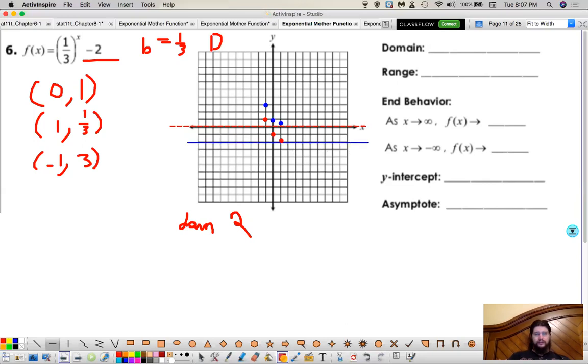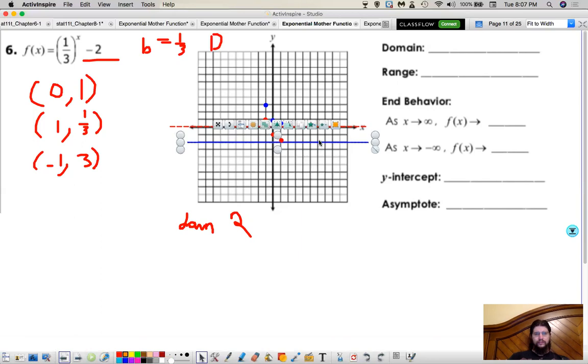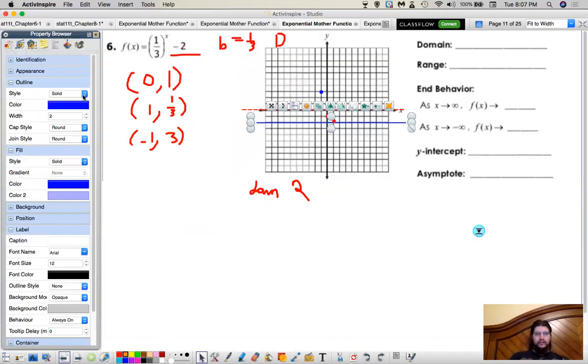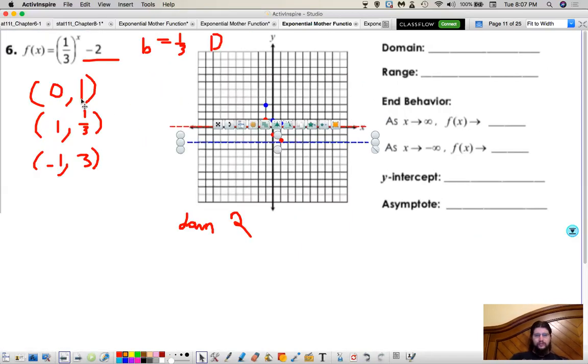A lovely blue color. Make it dotted. And now I ignore this red asymptote and these blue dots, and I sketch my curve. Let's see what happens. And it should get steeper faster, so something like that. I think I didn't go steep enough, but you know what? That's okay.